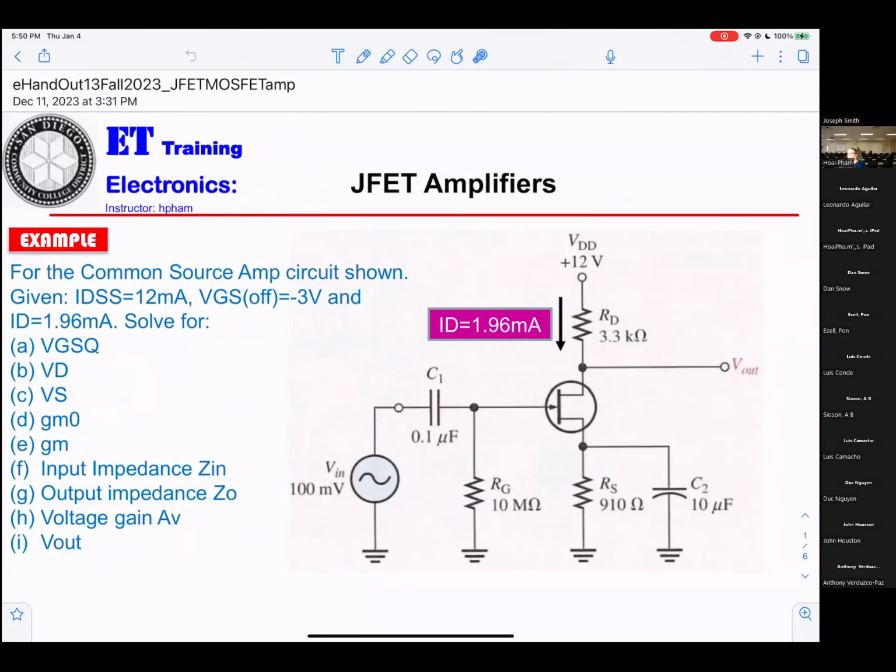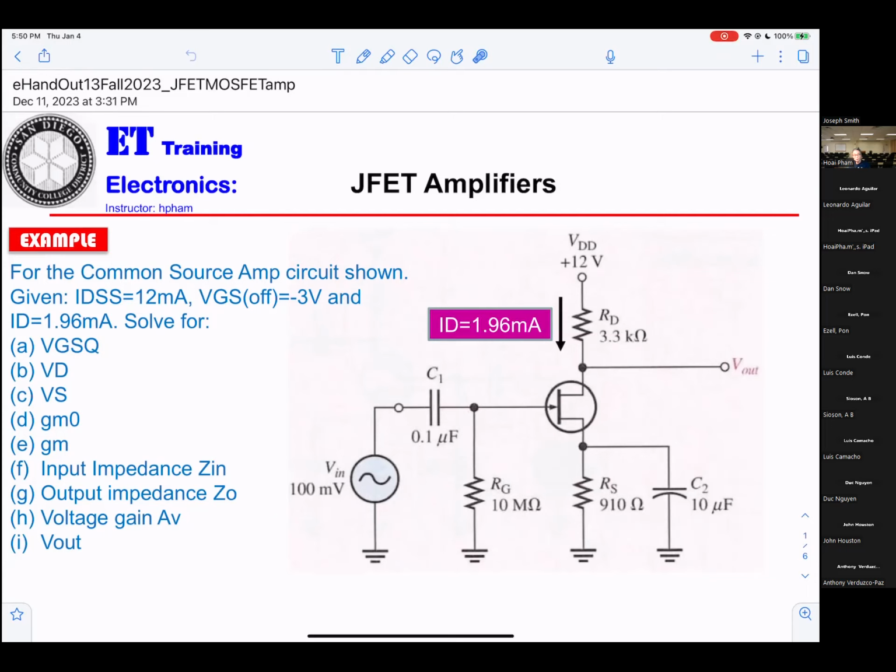Okay, now we're talking about the JFET amplifier. For that circuitry, normally when doing any calculation, we have to know what DC circuitry is used to make the JFET work.